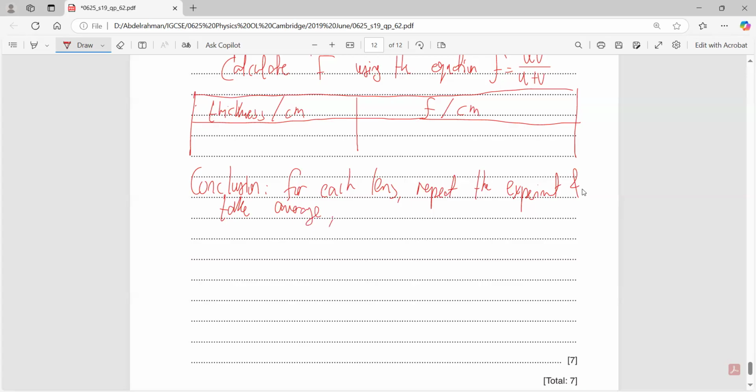Then record the readings in the table. Then compare the results using a graph, for example. You can plot a graph with the thickness and the focal length.